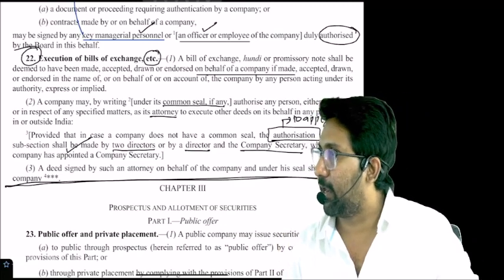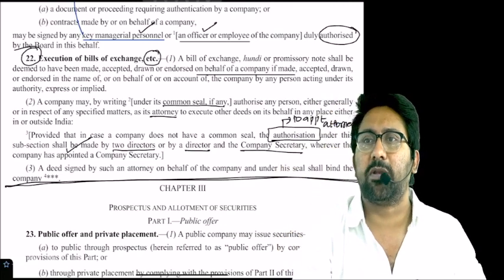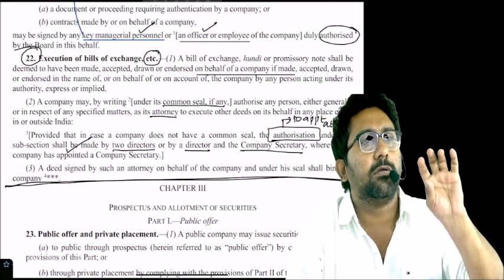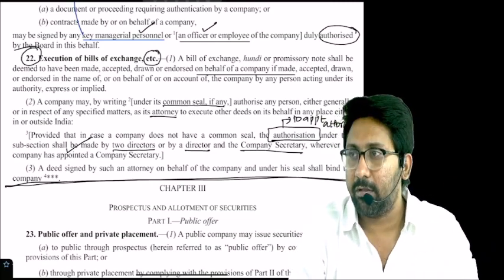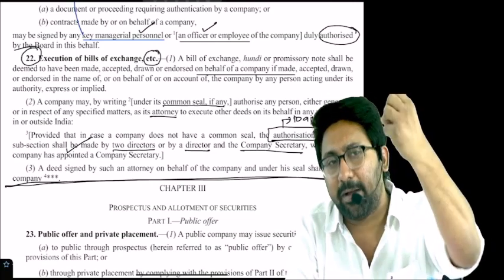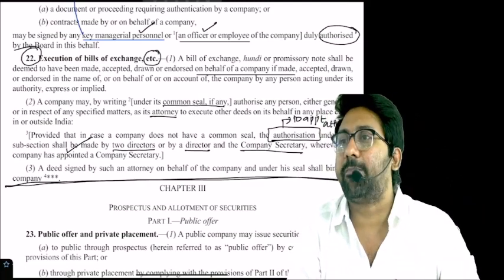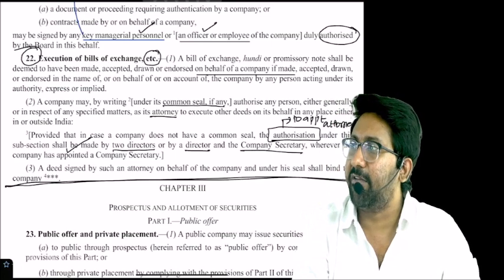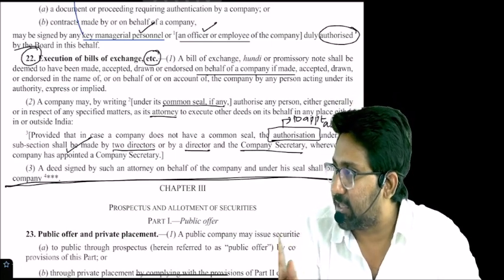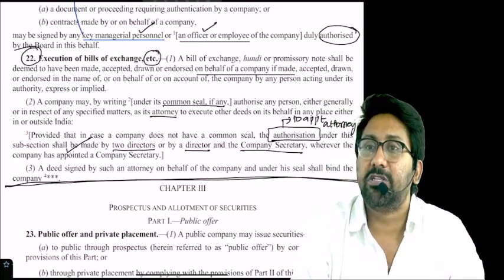So many practical issues will come. Say, for example, the buyback concept. Buyback means the company will buy its own shares. But why does it buy? What is capital redemption reserve? Each and every point we are going to analyze in detail in that particular chapter, prospectus and share capital.